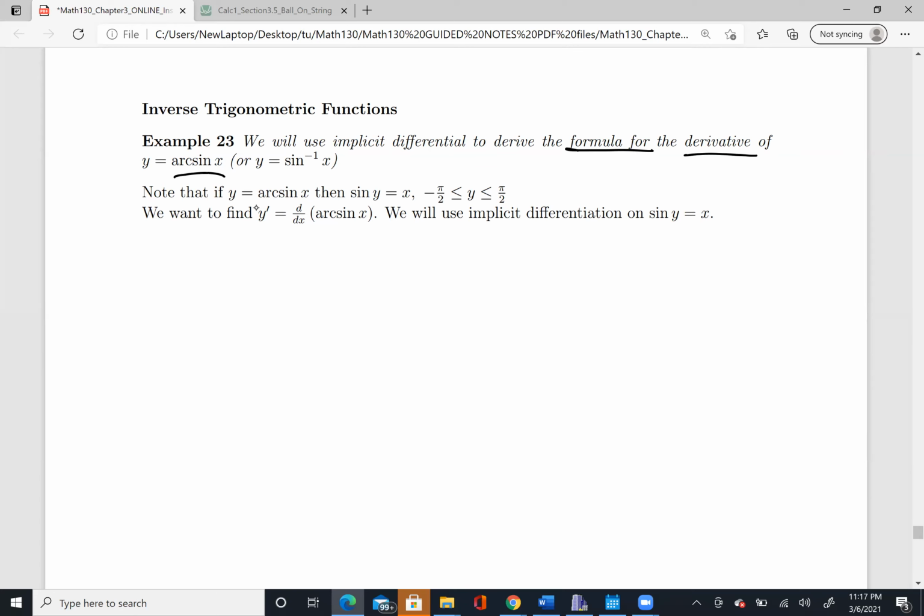Firstly, you should note that if y equals arcsine of x, then sine y will be equal to x.